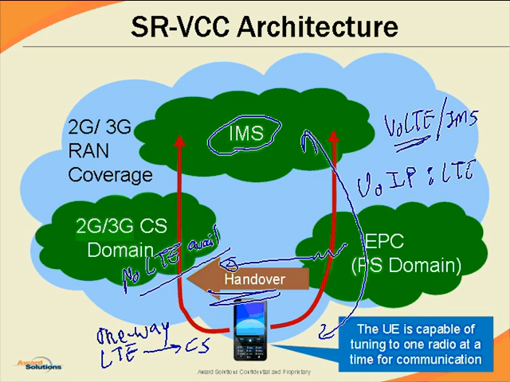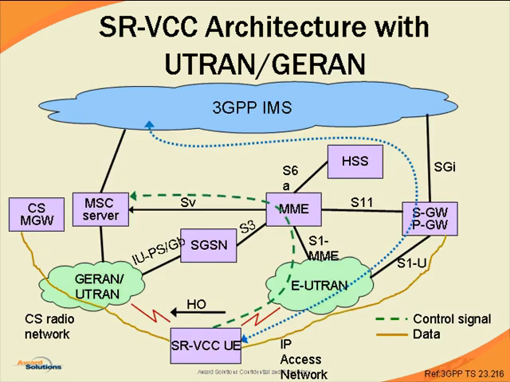Okay. So let's look at the architecture that helps us implement SRVCC. Here is the UE. So when we set up a call in LTE, then we are using the help of the radio network, the core network, then we use the IMS network.